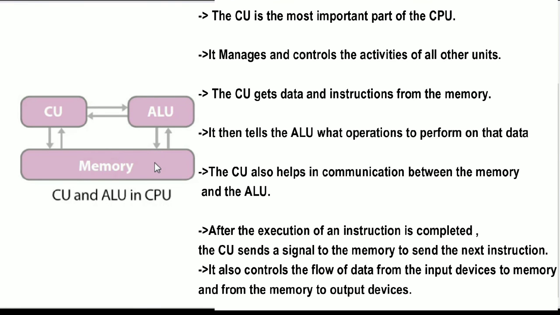The control unit can take the data from the memory or from the input devices, and after getting the result, the control unit sends the data to the output devices. So these are the operations in a CPU.